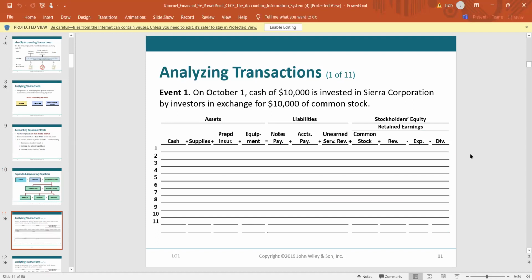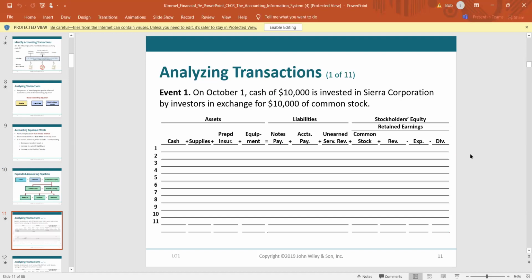Oh my goodness. On October 1st, cash is invested in Sierra Corporation by investors in exchange for common stock. So the Sierra Corporation issued stock to the public to raise money to start their business. Let's think in terms of how this is going to affect our accounting equation. Well, cash is certainly going to go up, right?